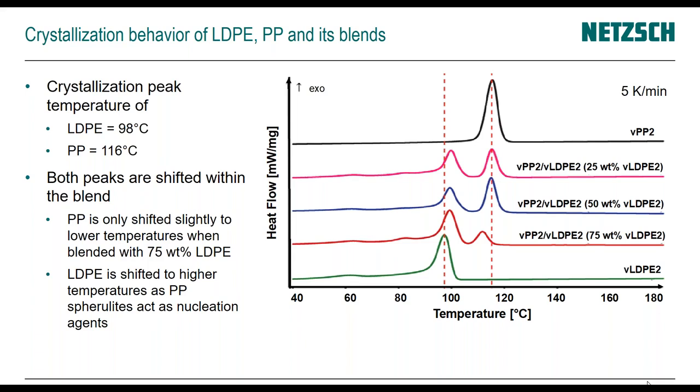Then I have a question about the sensitivity of the method. It's not 100% clear which method the viewer is referring to. So I would just say DSC is a very sensitive method. Rheology, it always depends also on your baseline.